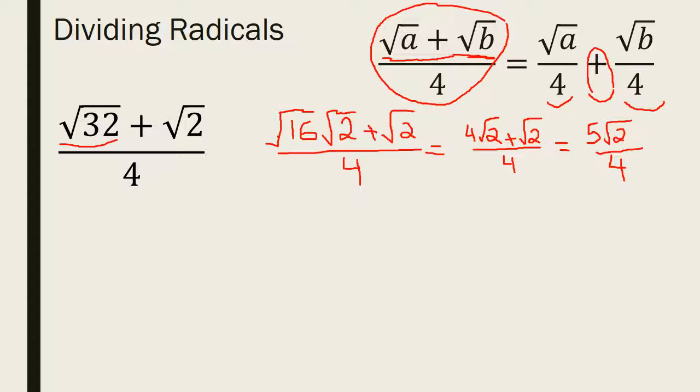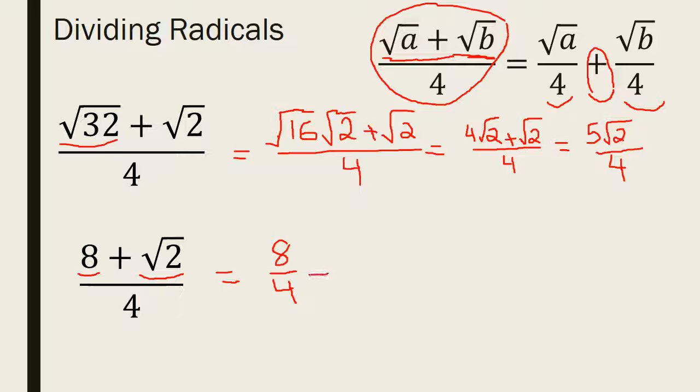Now let's take a look at another example. We have 8 plus radical 2 divided by 4. 8 is a rational number. Radical 2 is an irrational number. We cannot put these two together. That means I can break this expression down into 8 over 4 plus radical 2 over 4.